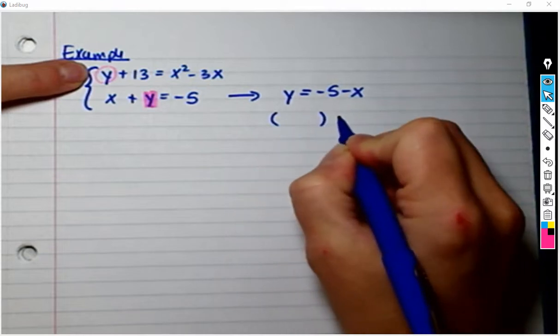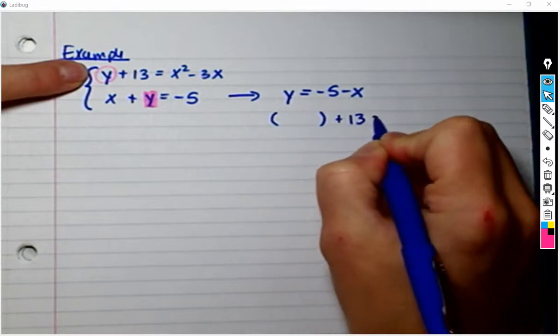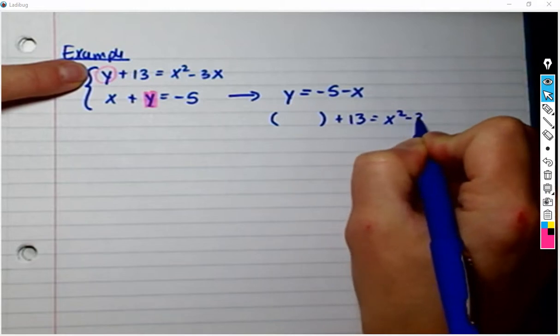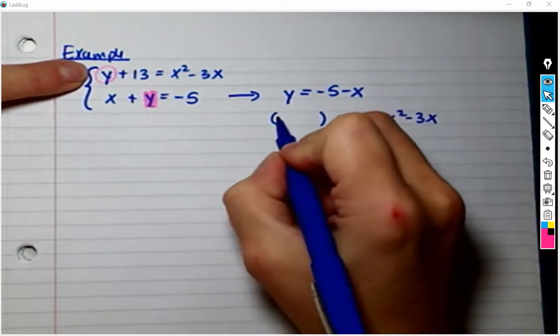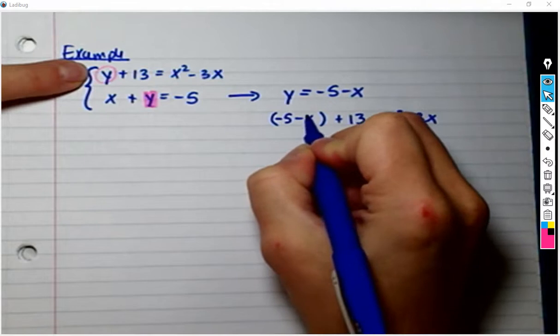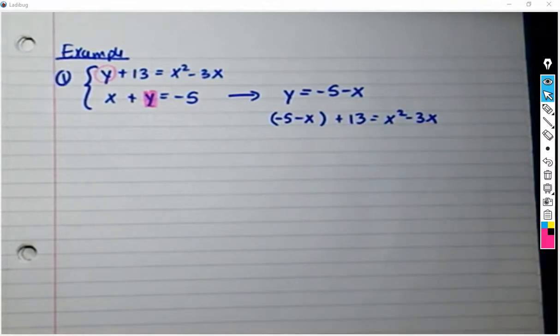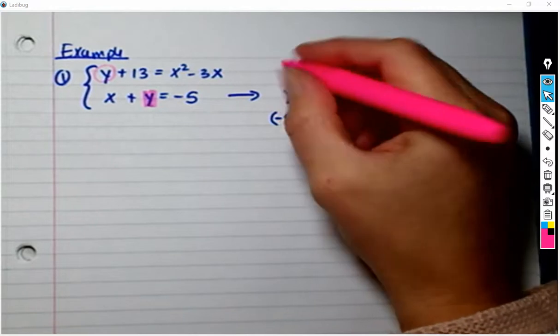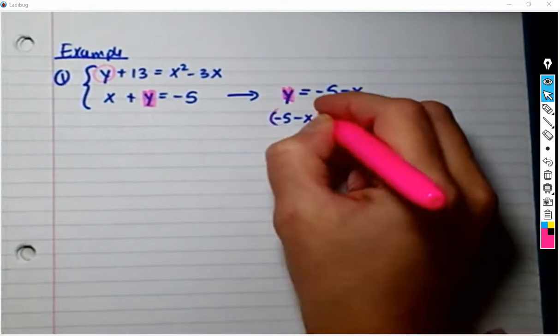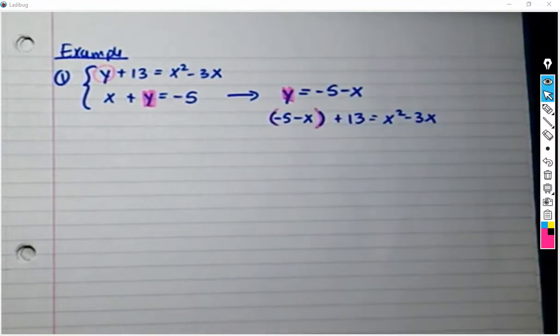See these parentheses I'm using? Okay. -5 minus x. Okay. I solved and I substituted.